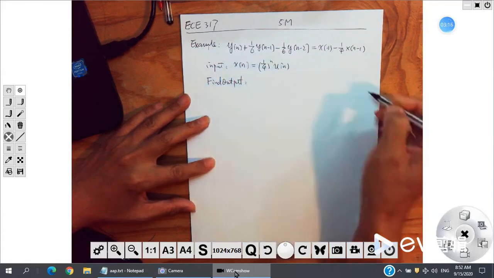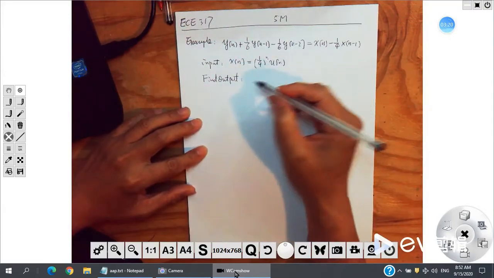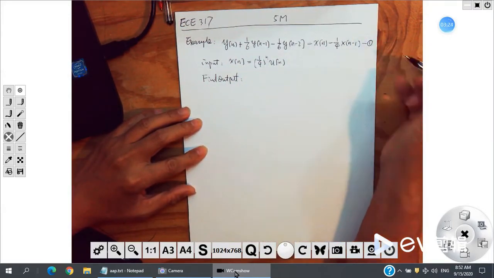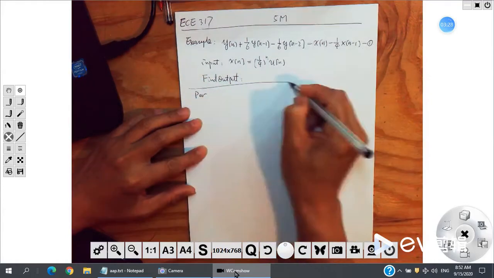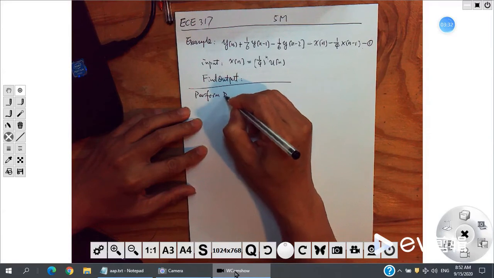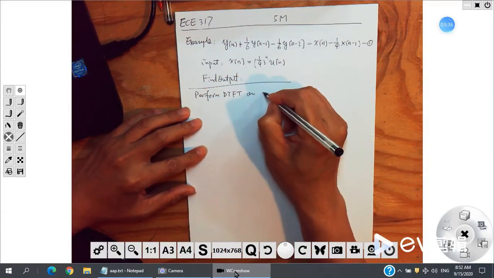So how to do it? We can work like this. We use Fourier transform. This is equation 1. Perform the discrete time Fourier transform on 1.